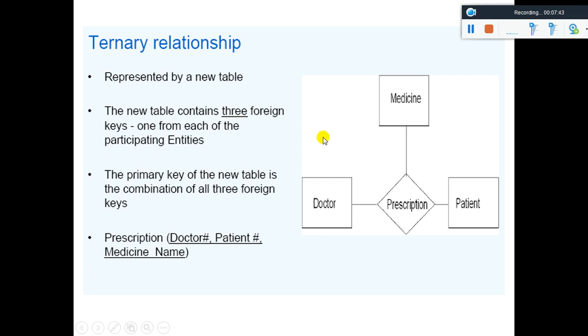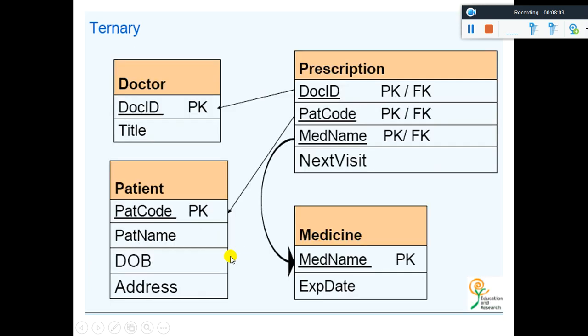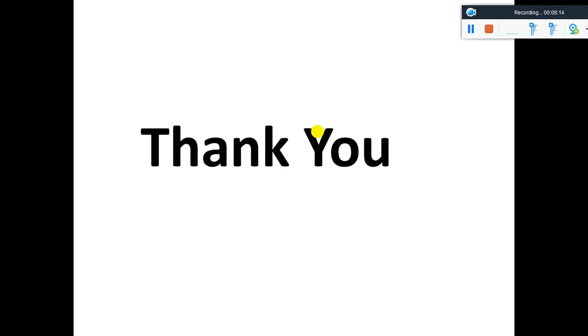So here three relations are participating: medicine, doctor and patient in the prescription relationship. So the primary key of the prescription relation will be the composite primary key having components from doctor number, patient number and medicine name. So it is a composite primary key in the ternary relationship. Here you can see the similar thing, and all primary keys are working as foreign keys also, and these three primary keys create the composite primary key of the prescription.